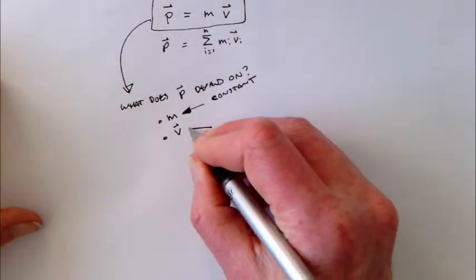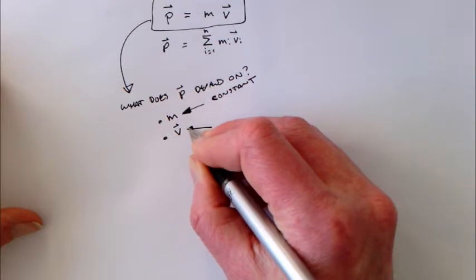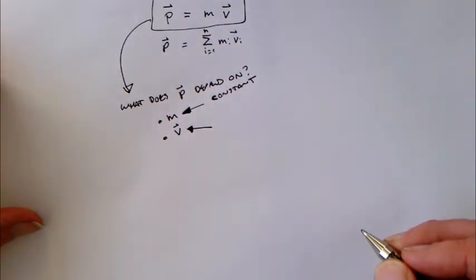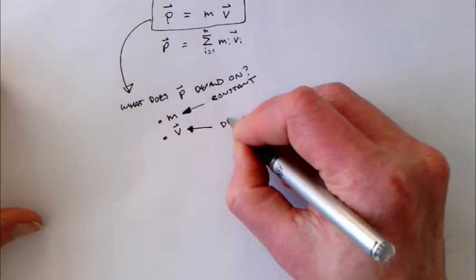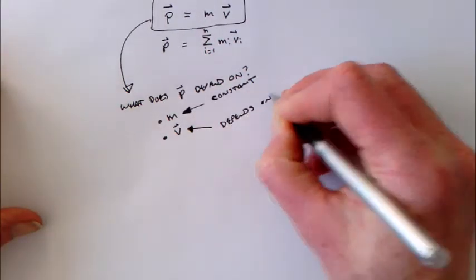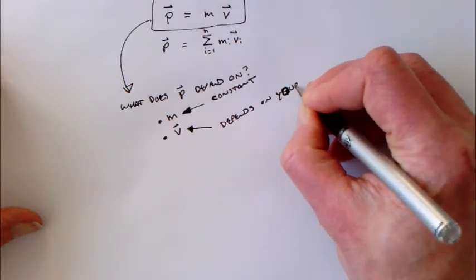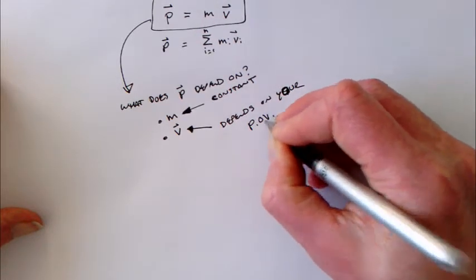On the other hand, velocity, if you think about it, is something that actually depends on where you're measuring from. So this depends on your point of view.